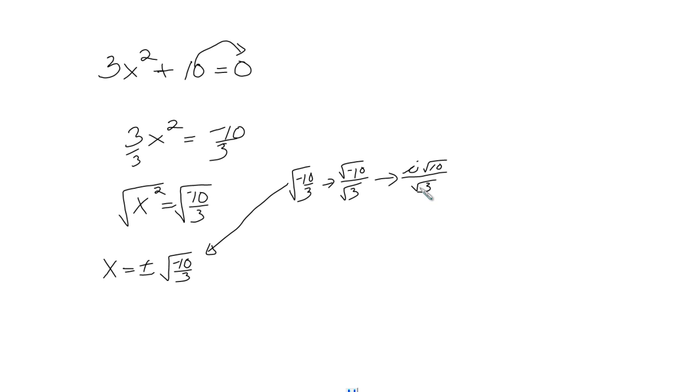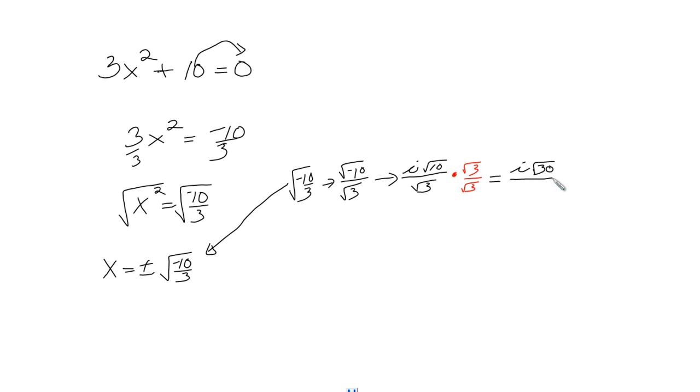Now we can't have a radical in the denominator, so we have to rationalize the denominator. So we're going to multiply by the square root of 3 over the square root of 3. When you multiply the numerator straight across, you get i, and isn't the square root of 3 times square root of 10 going to be the square root of 30? Are there any pairs hiding in there?